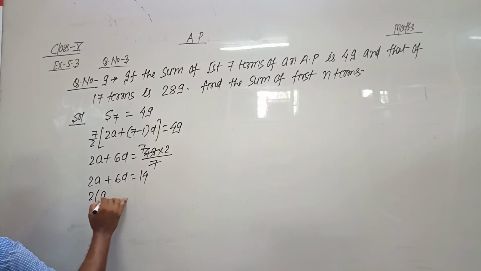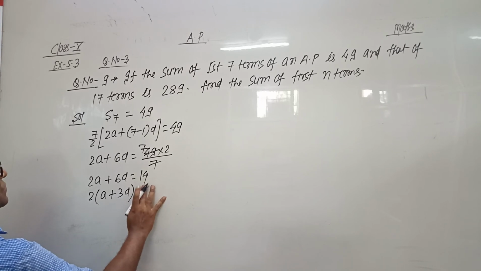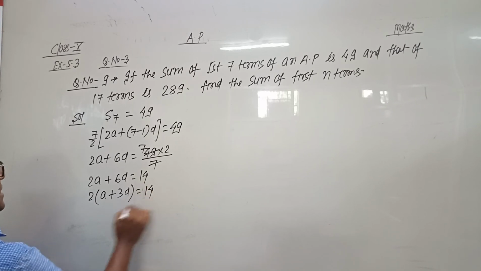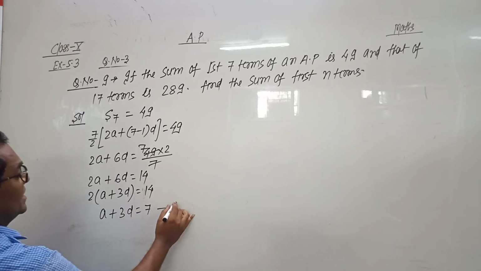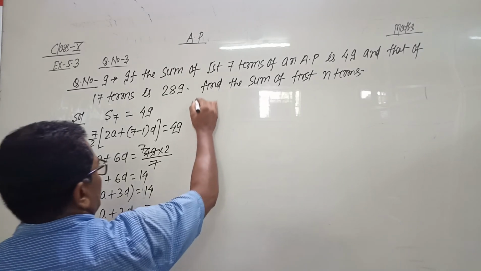By taking 2 common, a plus 3d equals 7. This is the first equation.